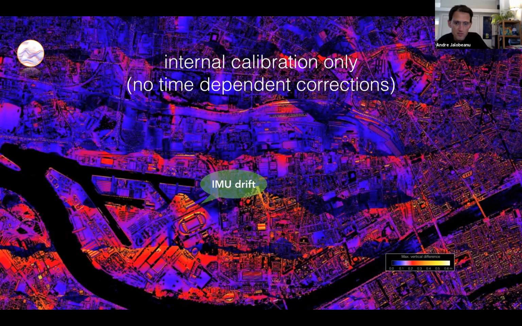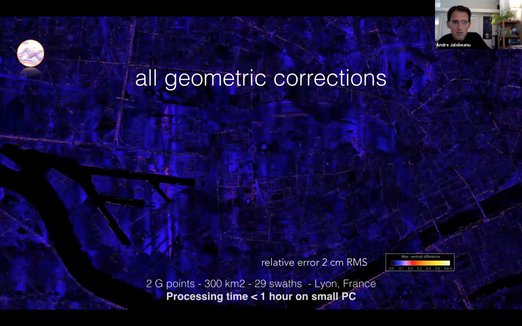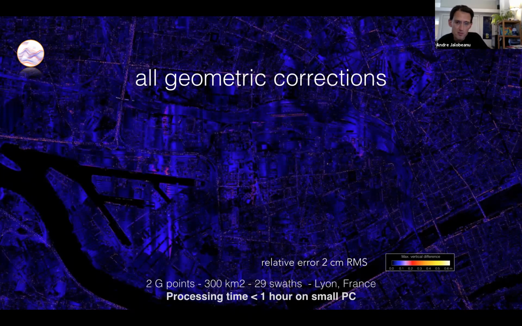There are a lot of errors left. And once you enable all the corrections, then you get 2 centimeter RMS relative error, which is pretty good compared to what we started from. And for 2 billion points, 300 square kilometers, the processing time was less than an hour on a small PC.